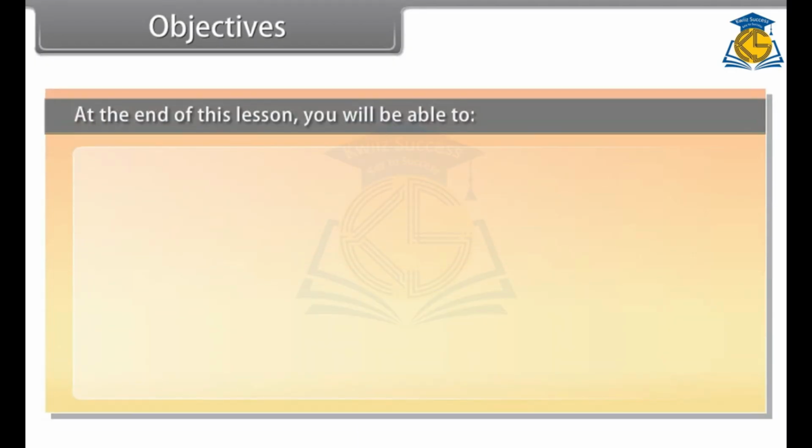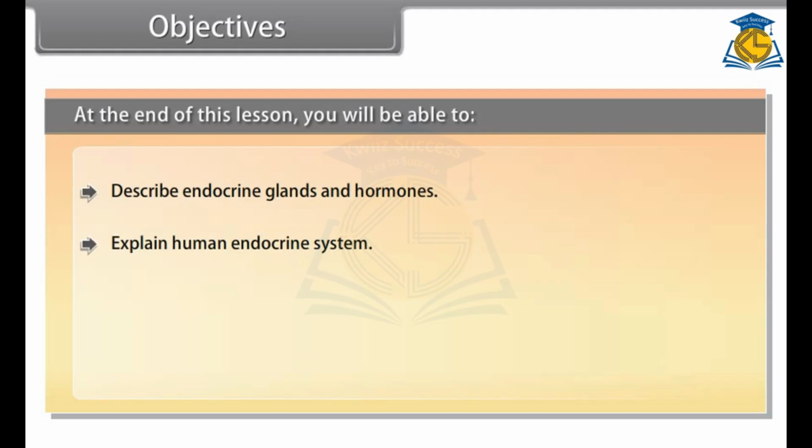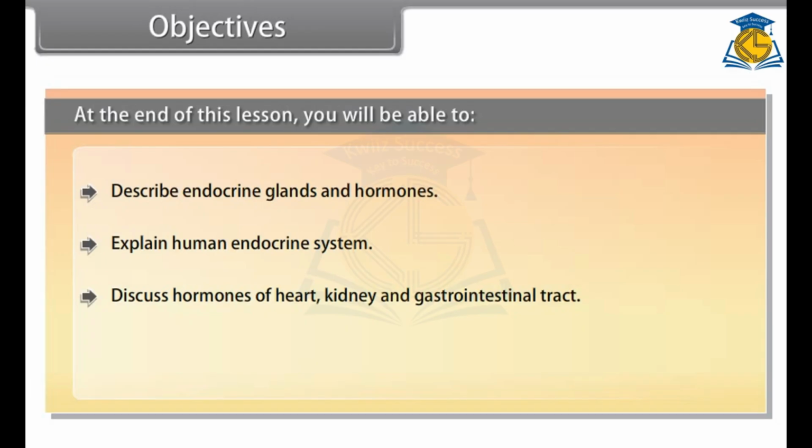Objectives. At the end of this lesson, you will be able to describe endocrine glands and hormones, explain human endocrine system, discuss hormones of heart, kidney, and gastrointestinal tract, describe mechanism of hormone action. Endocrine glands and hormones.